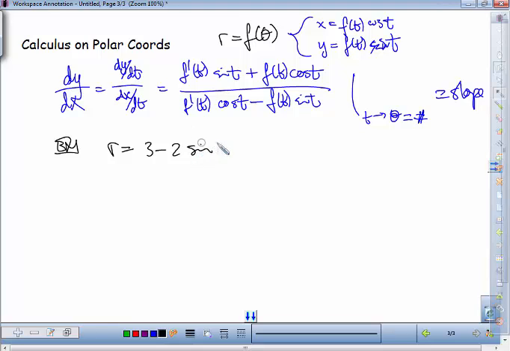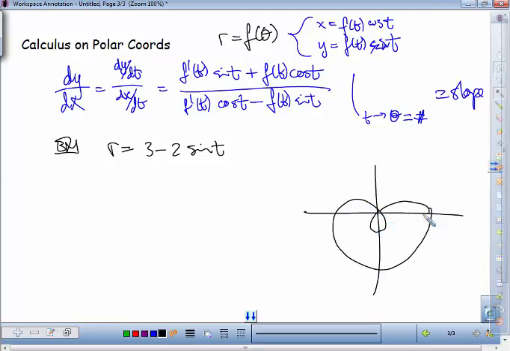Let's do sine t. I kind of picked this one because it's interesting. Do you remember how the graph looks? Let's take a look at the graph. I think it went like this. Remember that? That's 3 minus 2 sine.